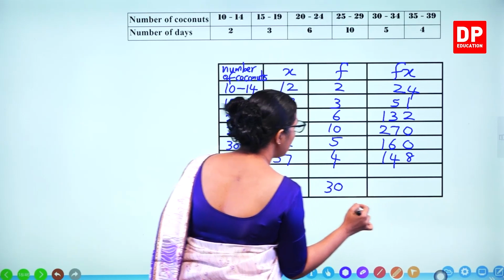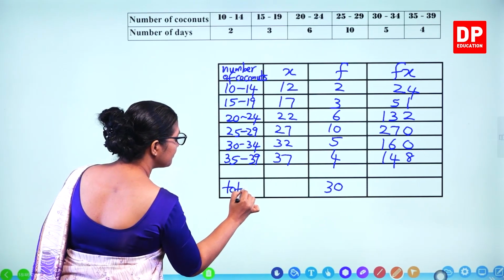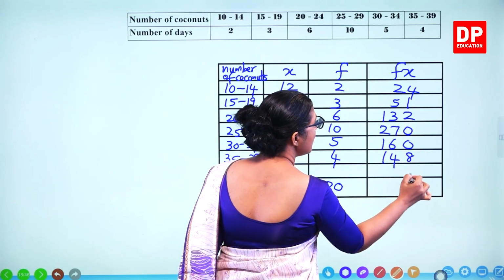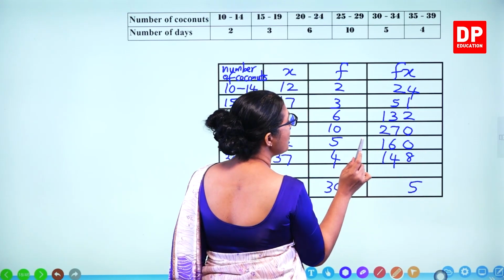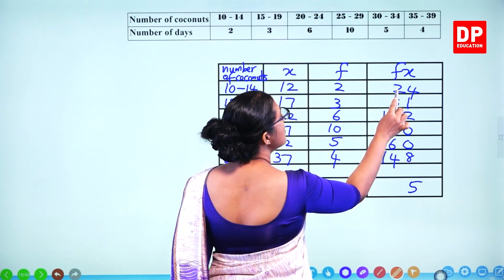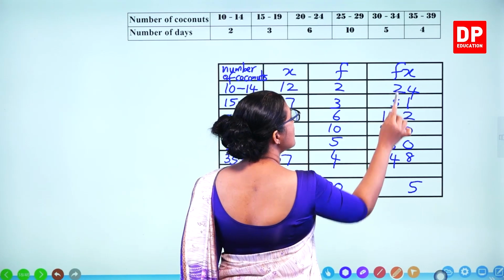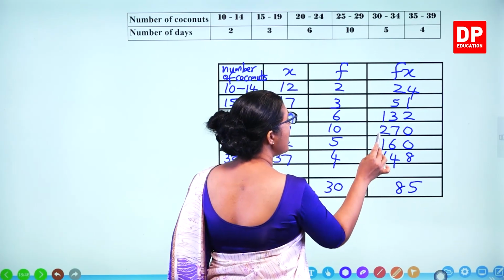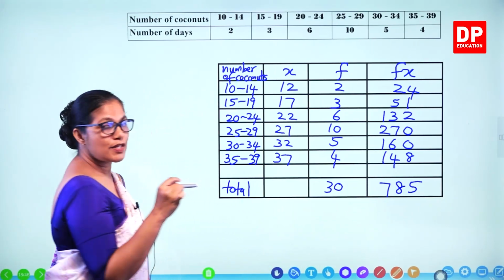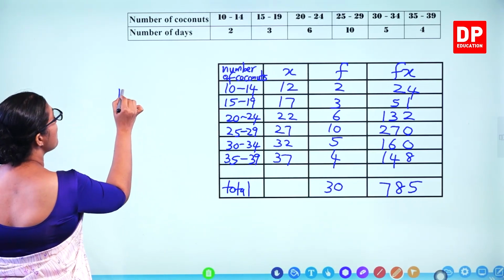Now take the total. The total becomes 785.